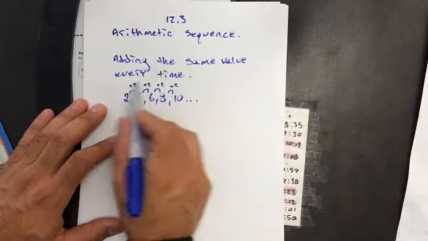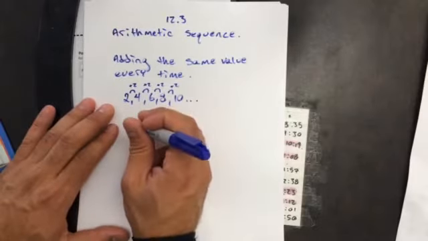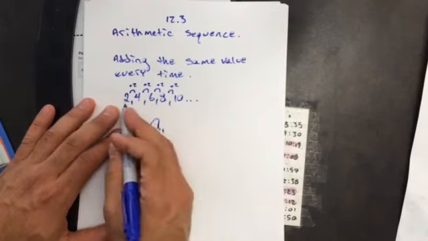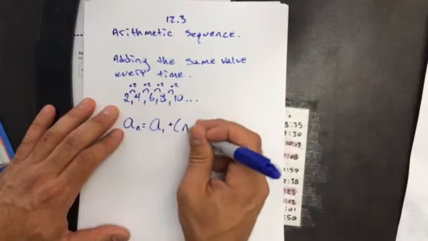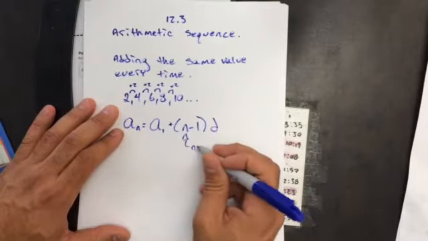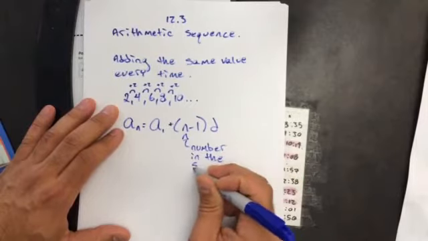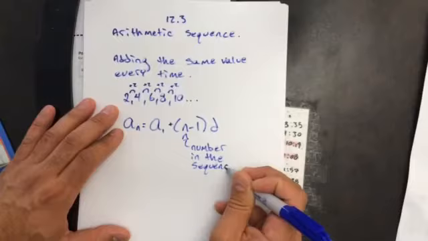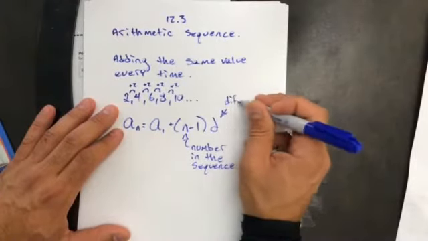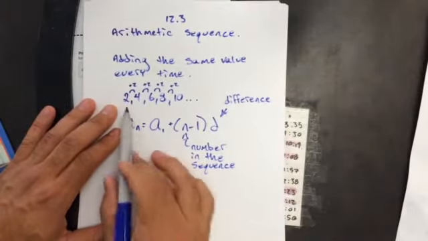So since this difference is the same, it's an arithmetic sequence, which means that I can follow this rule. a sub n equals a sub 1, meaning the first term in the sequence, plus n minus 1 times d, where n is the number in the sequence, and d is the difference from successive numbers, meaning two numbers in a row.